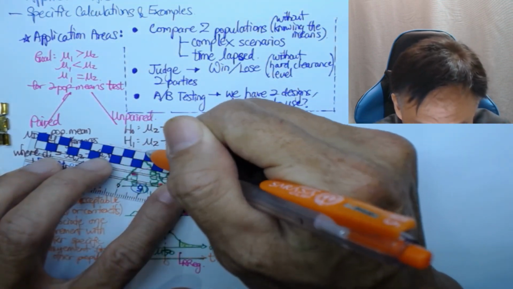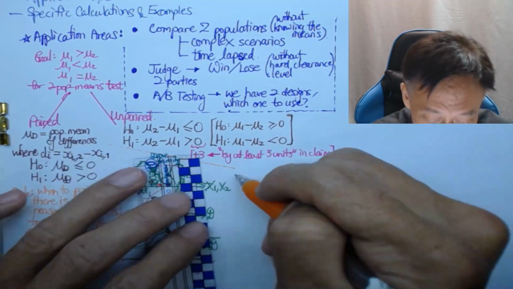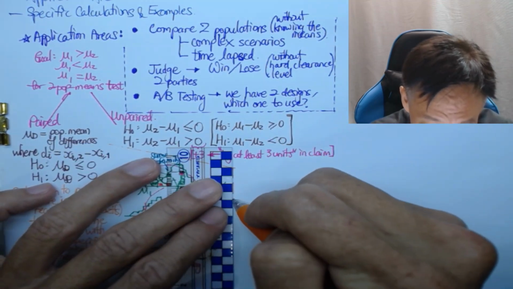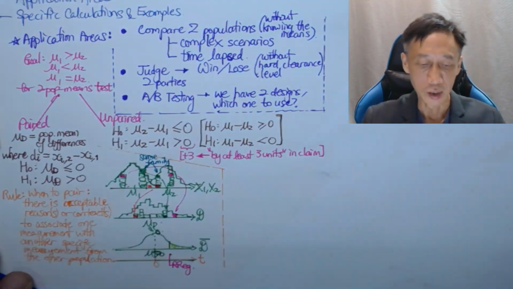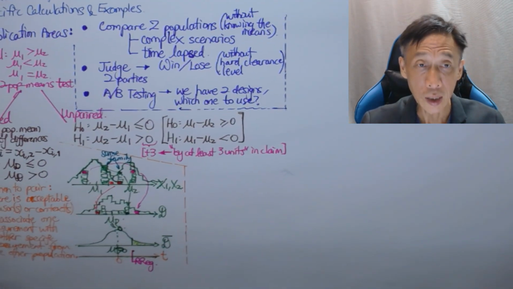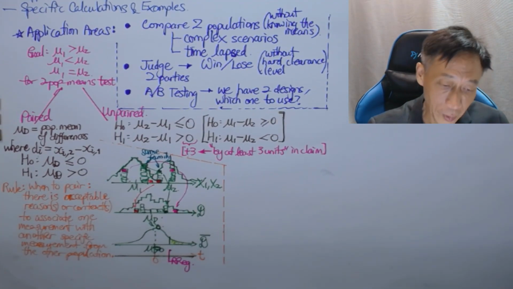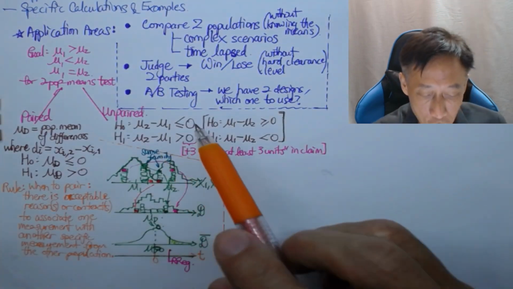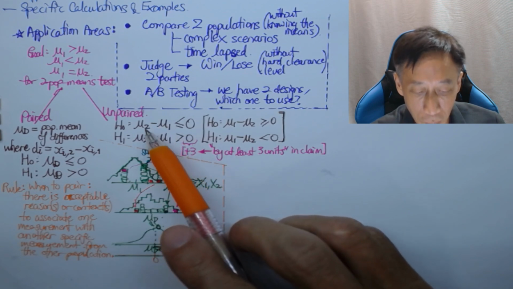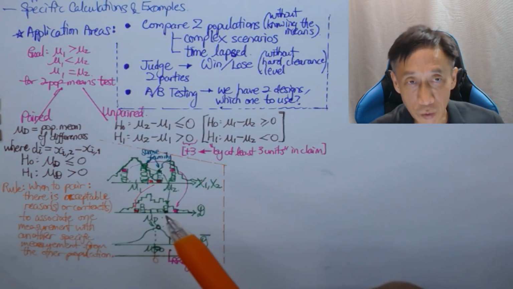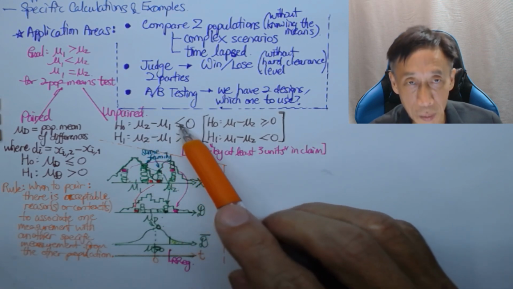What if it is not? Okay, if it is not, then we have to consider, truth be told, three things: the shape or the distribution of parent population 1, parent population 2, the variance of population 1, population 2, the sample size of population 1, population 2.